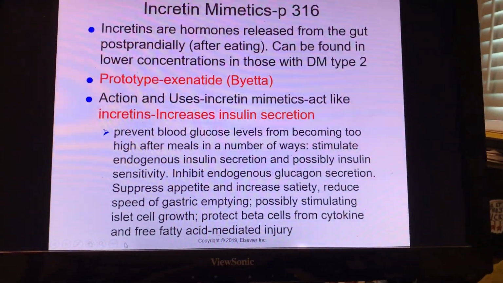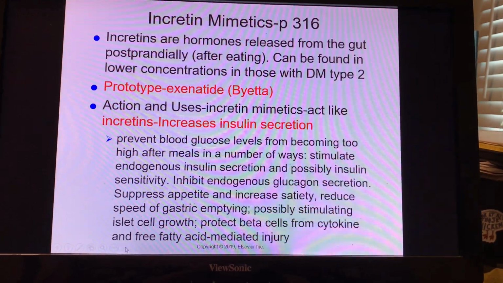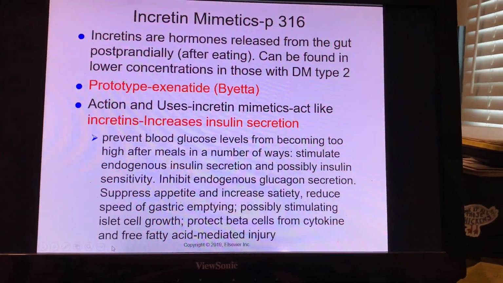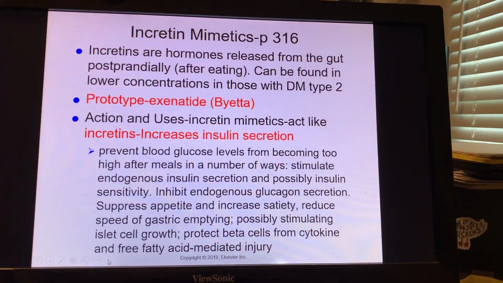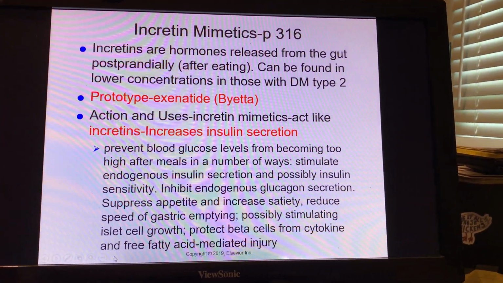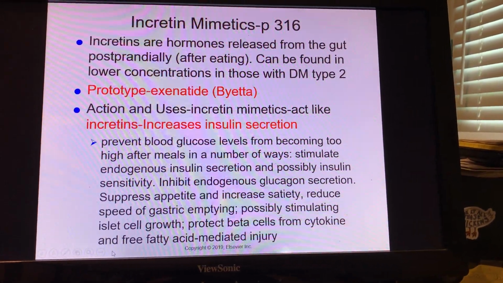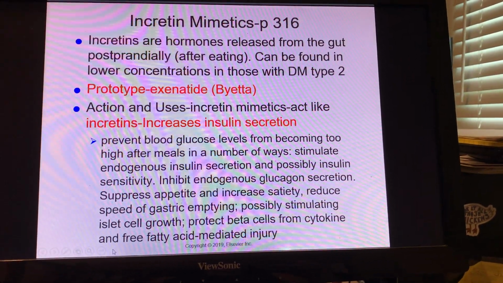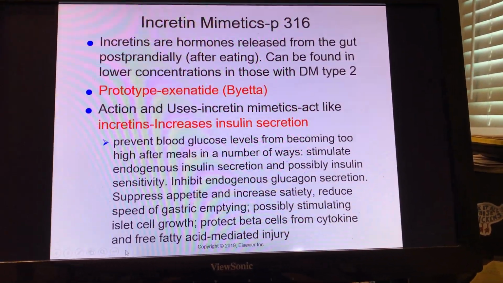So incretins work in all kinds of ways, more than one way. They do all the good things. So one thing they really do is try to increase insulin secretion. In fact, it even has been found that they can increase the amount of beta cells in the person's pancreas.